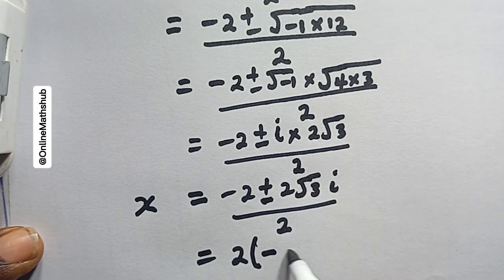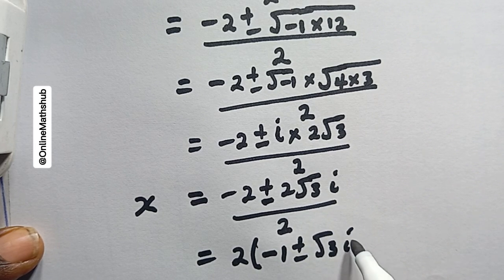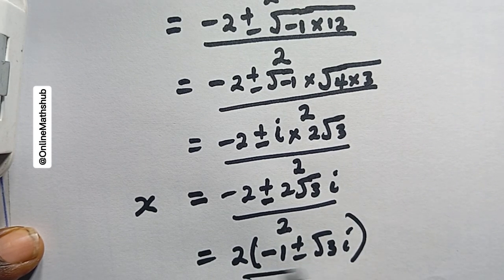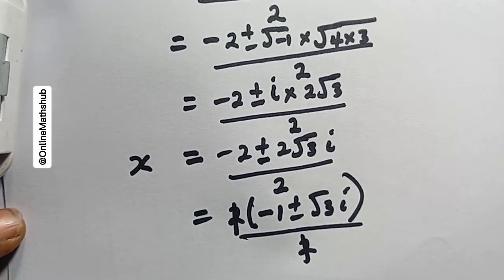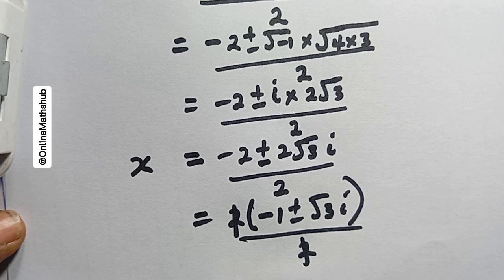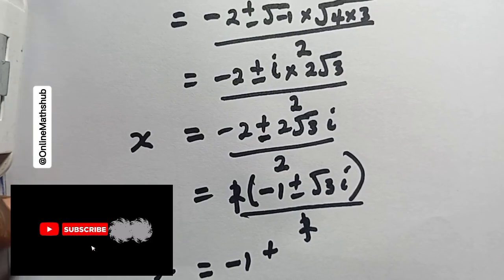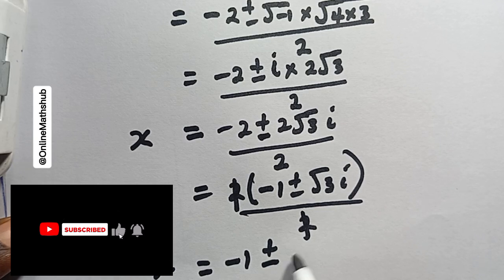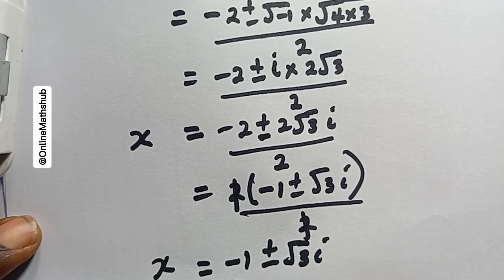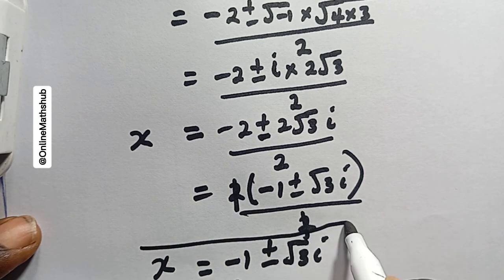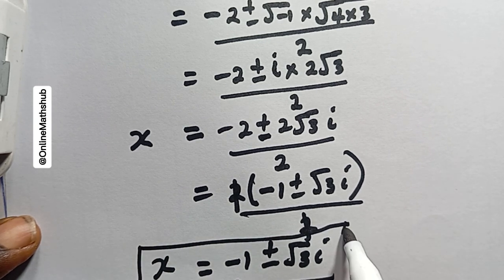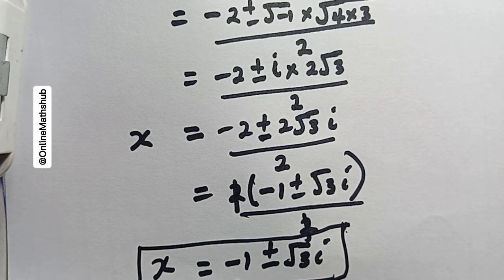So I have 2 into minus 1 plus or minus root 3 i, all divided by 2, so that these two can cancel, and eventually the next two values of x will be equal to minus 1 plus or minus root 3 i.